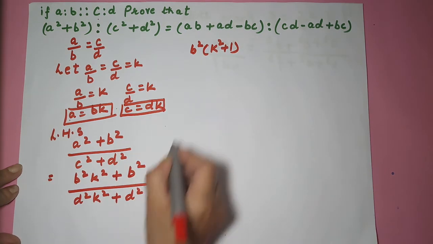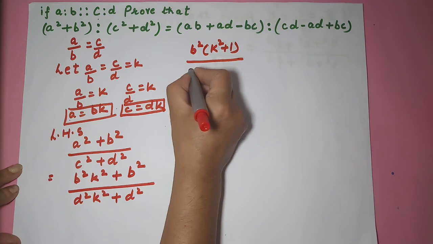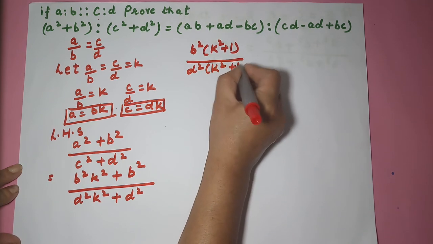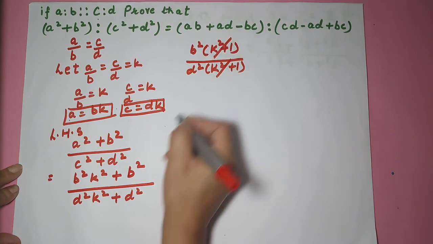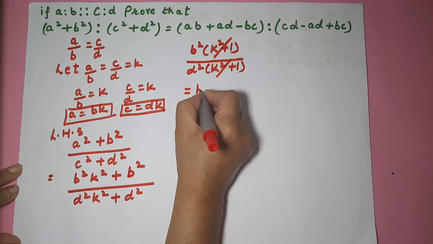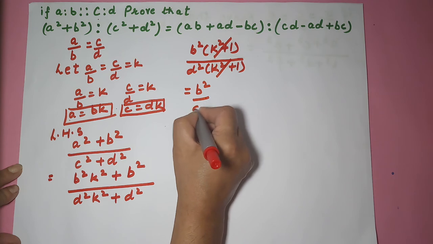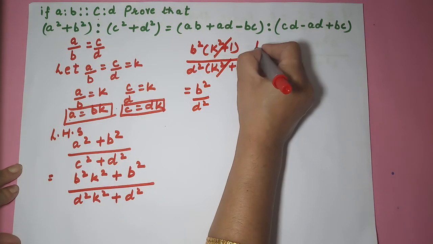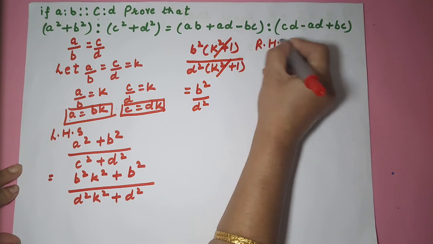Similarly, in the denominator, can we take anything common? Yes, D square. What is left inside? K square plus 1. So this and this will go. So I am left with B square by D square. This is my left hand side.